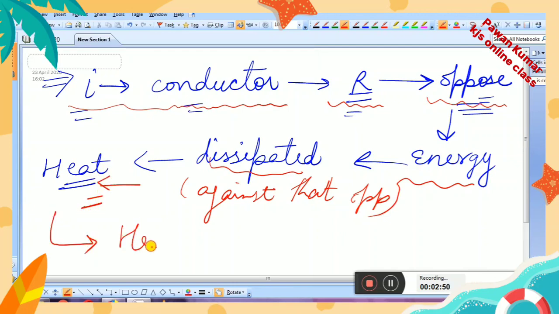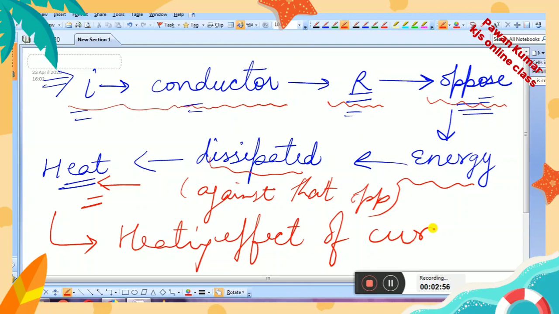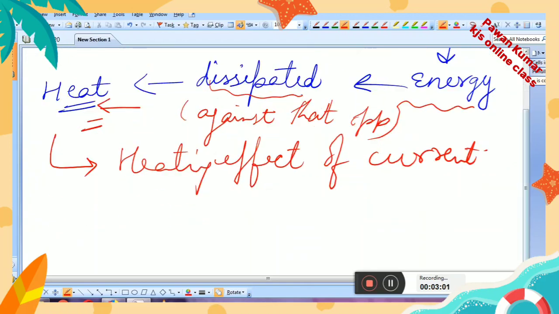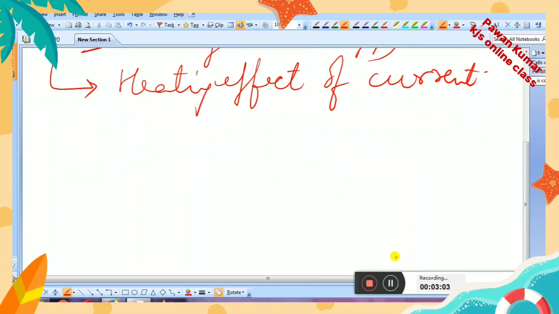This is called the heating effect of electric current. In your notes you can write my language, otherwise you can write in your own language, which will be more beneficial for you.